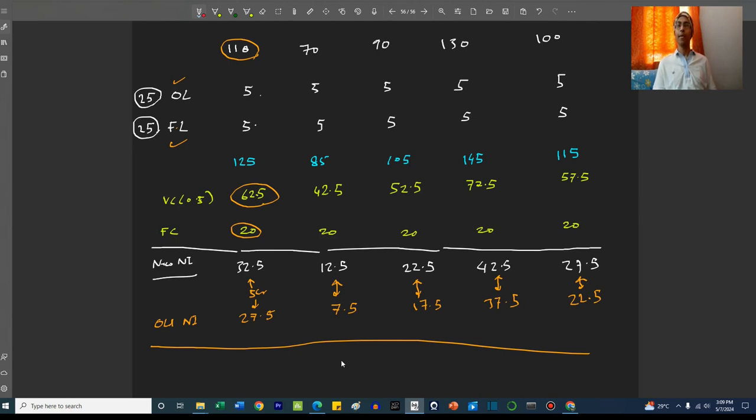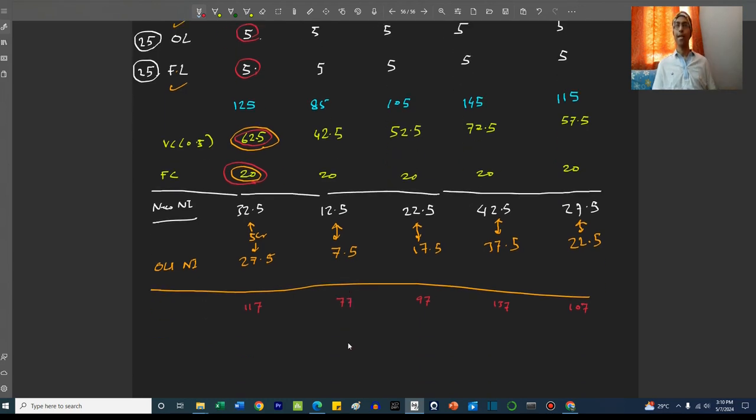So this is 117, this is 77, this is 97, this is 137, this is 107. So to these revenues, we add 7 crores. Now the expenses remain the same. This is 5 plus 62.5 plus 20.